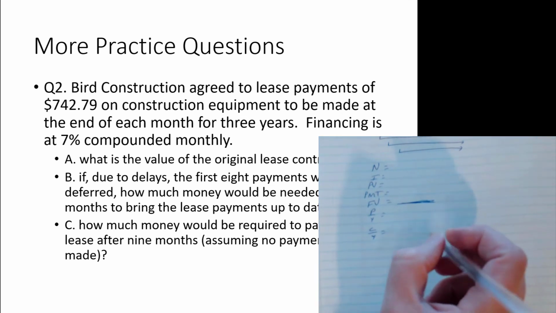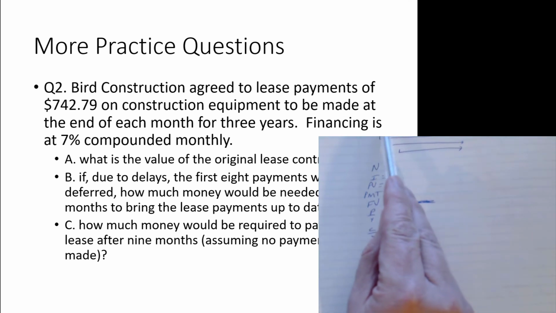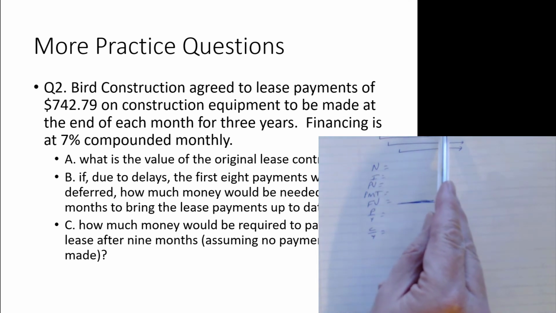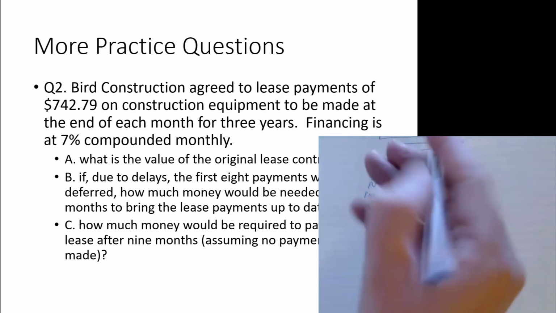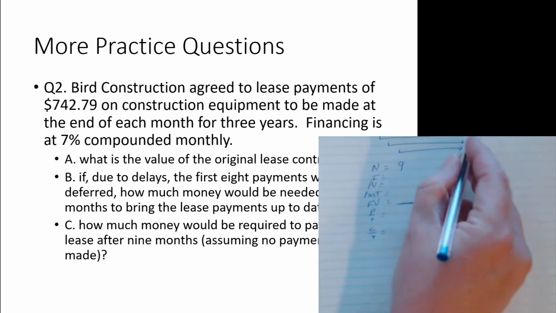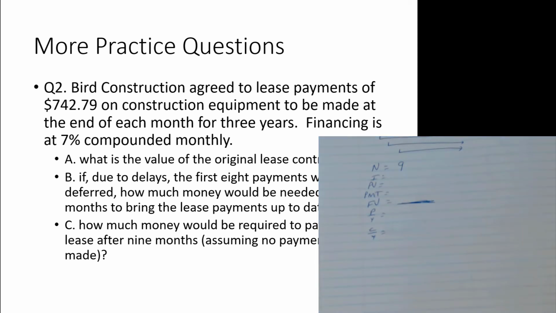First step, how many payments are we talking about? 1, 2, 3, 4, 5, 6, 7, 8, 9. 9 payments, because remember, we still got to make the regular payment, right? At the end of month 9, the regular payment is due, just like we saw when we looked at future value from before. Right?